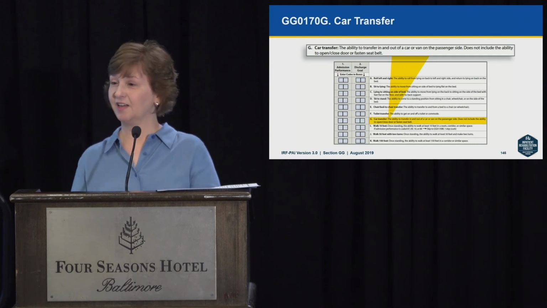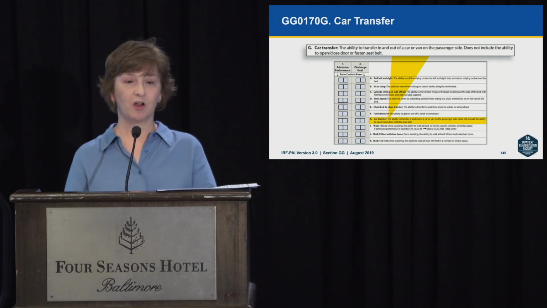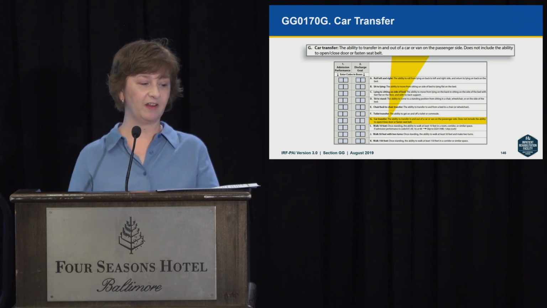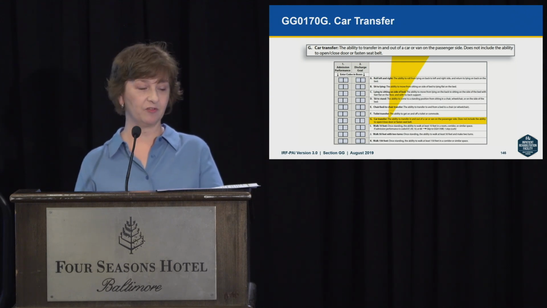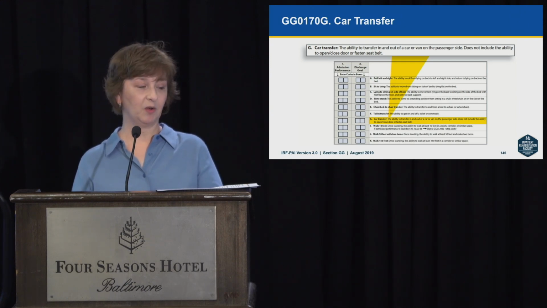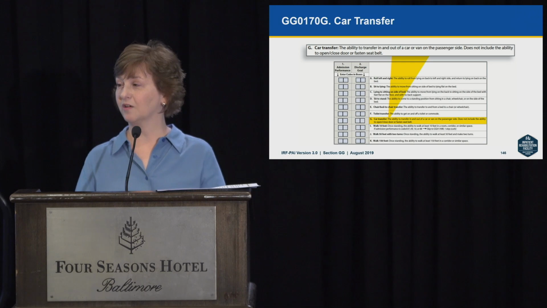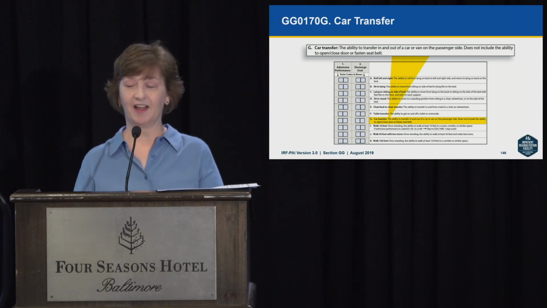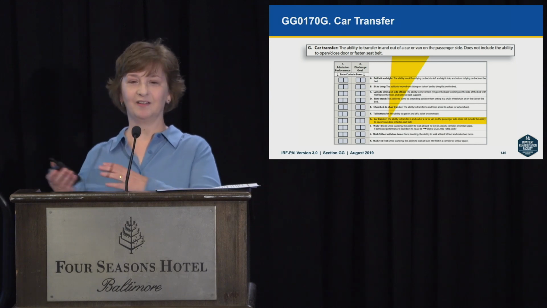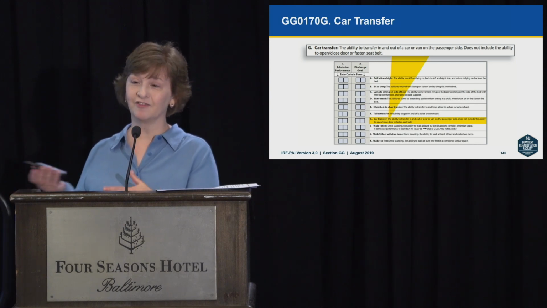Okay, the next activity is car transfers. So car transfers refers to the ability to transfer in and out of a car or van on the passenger side. It does not include the ability to open and close the door or the ability to fasten the seatbelt. We've also had questions recently about getting to and from the car.